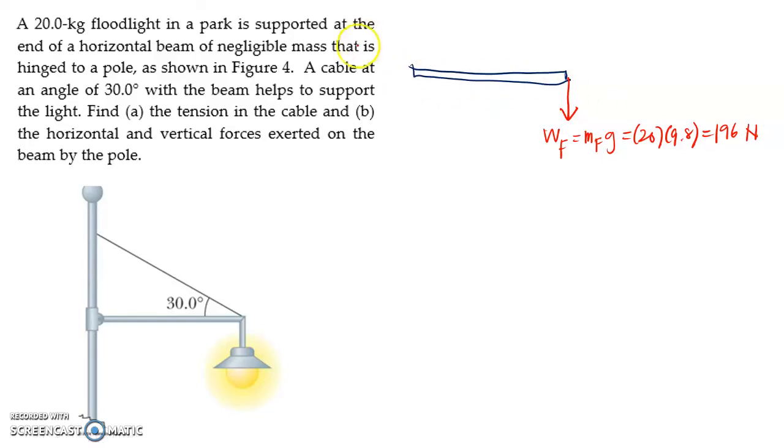Moving on, we have this cable at an angle of 30 degrees with the beam. So this is going to be the tension in the cable, and the angle, we can write it down here as 30 degrees. Moving on, we have additional two forces due to the connection between the beam and the pole.